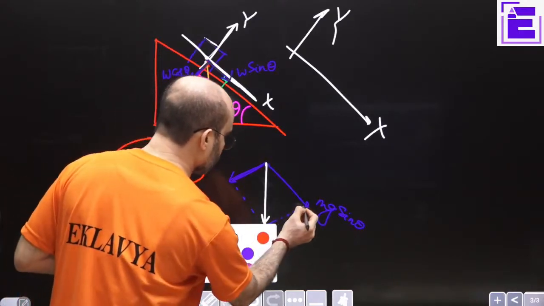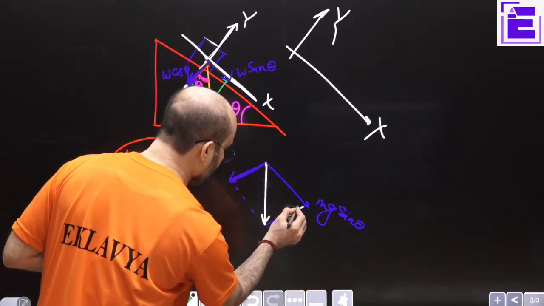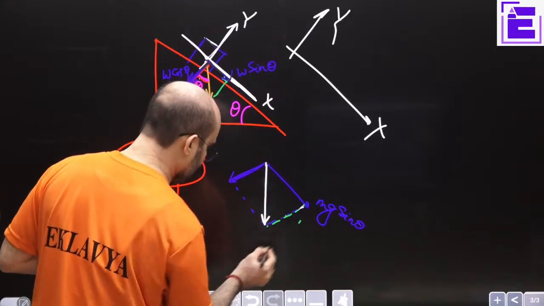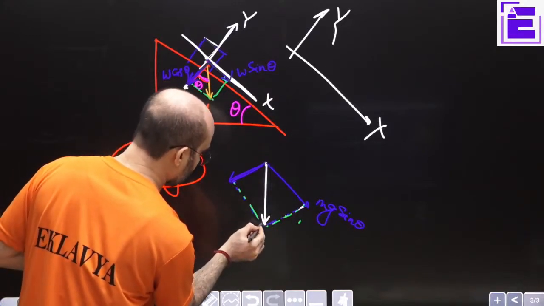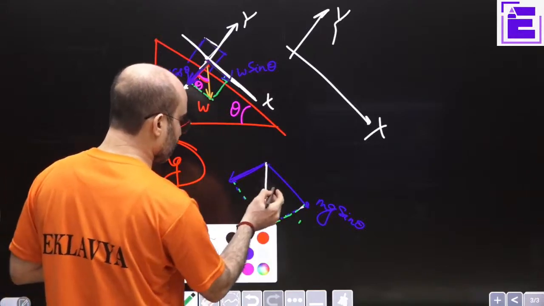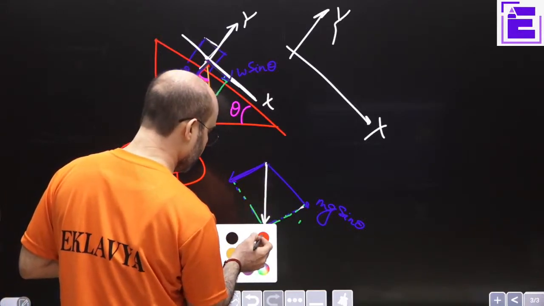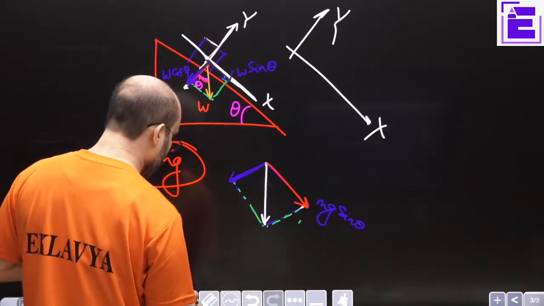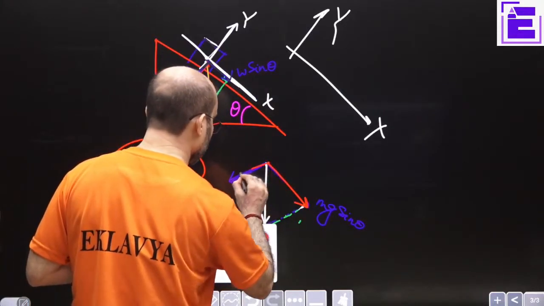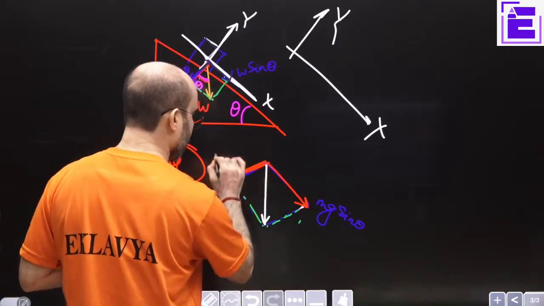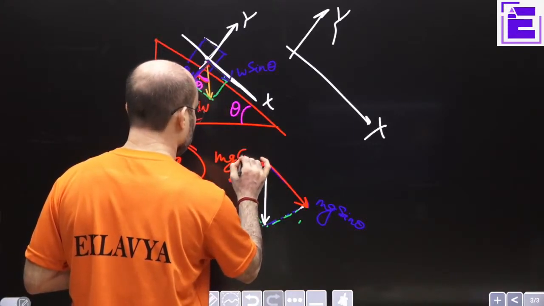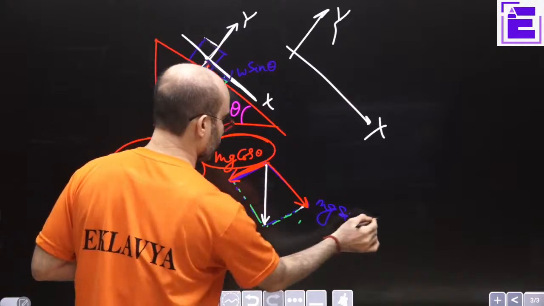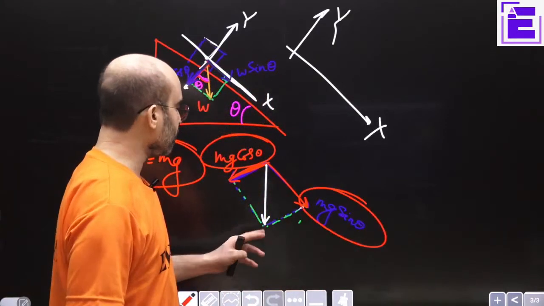How to get these two components? We have drawn a perpendicular on the x-axis and the y-axis. So this will be mg sin theta and this will be mg cos theta. Mg sin theta, mg cos theta.